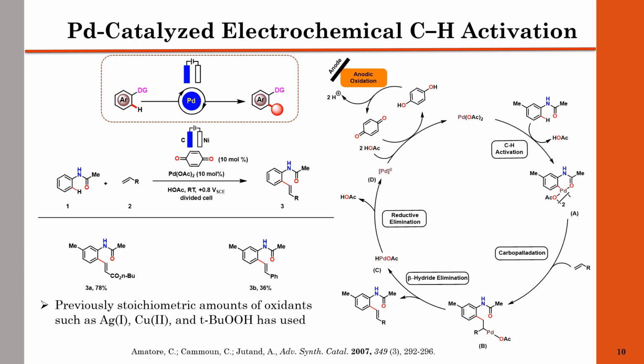In this step we have to oxidize this palladium 0 species up to palladium 2 because we need to continue our catalytic cycle. We can use electricity to do this oxidation, but unfortunately this palladium 0 species and the anode cannot interact with each other. Therefore they have used this benzoquinone.